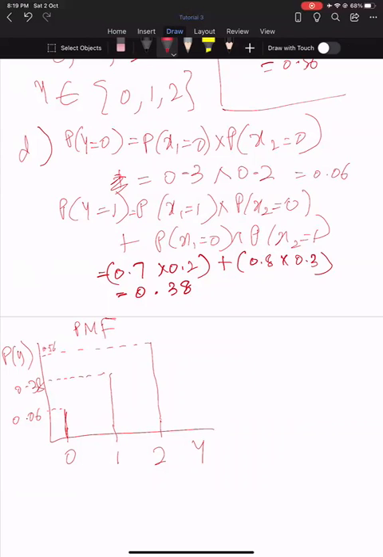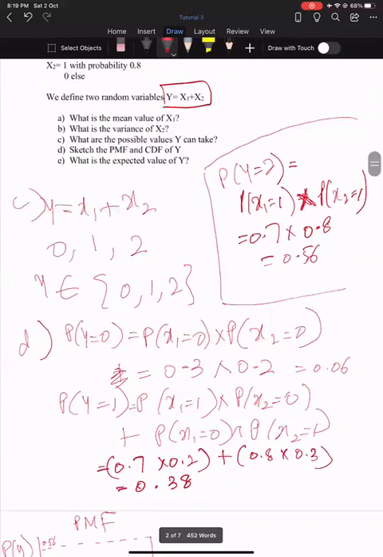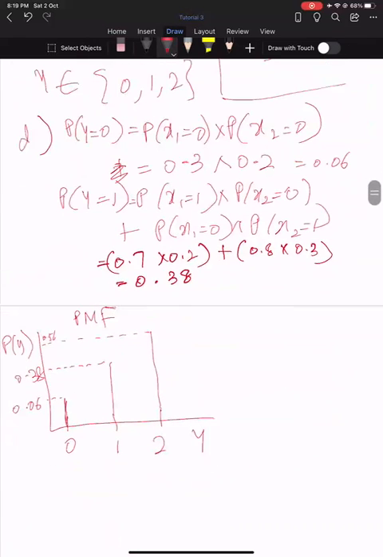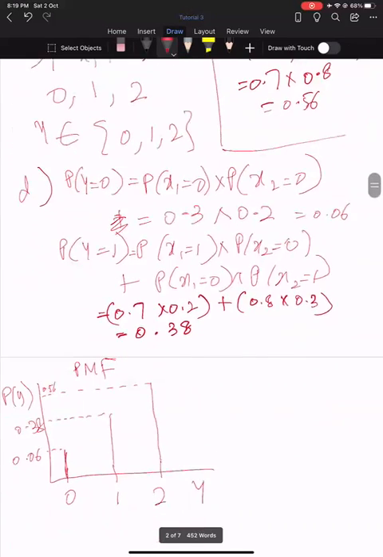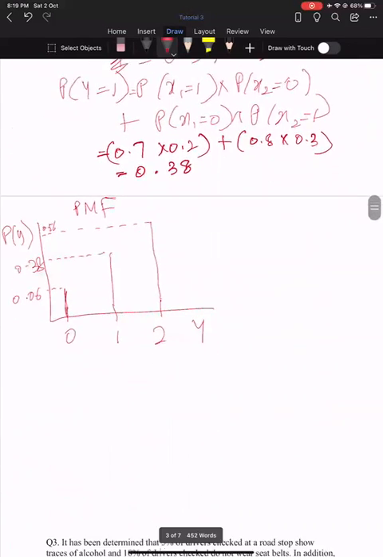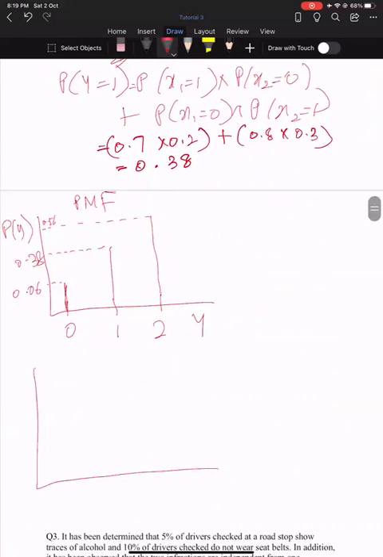This is the PMF for y, and I think we also have to draw the CDF. CDF is the cumulative, for which we just take the value that is less than or equal to. So again for y, we can have the value 0, 1, 2.